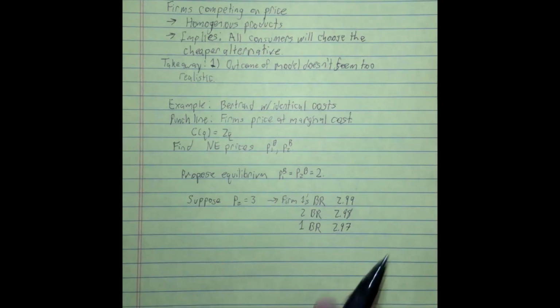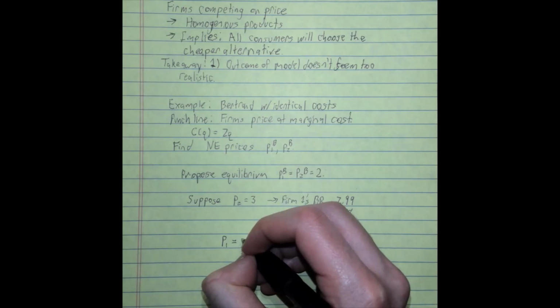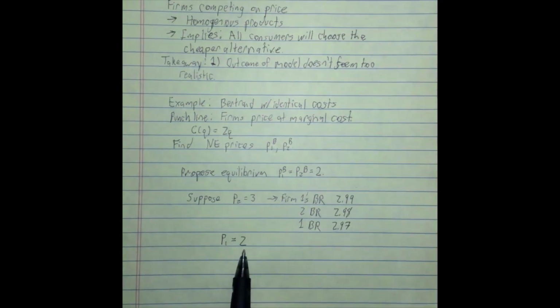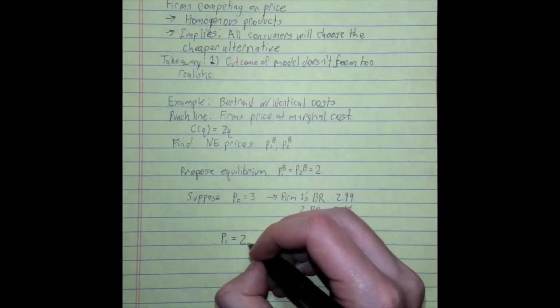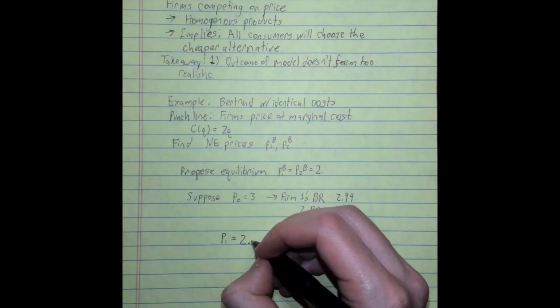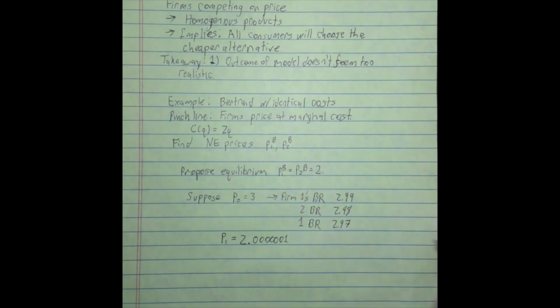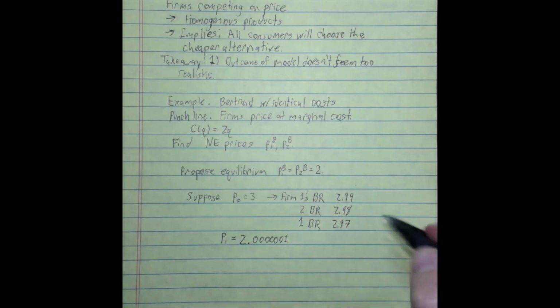So let's say that firm 1 prices at 2. What's firm 2's best response? Let's say that firm 1 prices at 2.00000001. Firm 2's best response is to undercut that by just a little bit in order to get all of the market and that little fraction of a cent of markup.